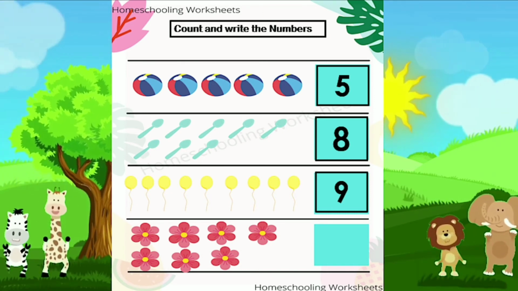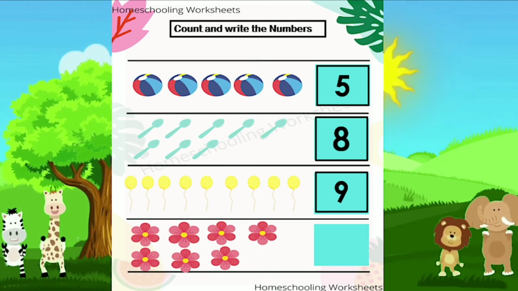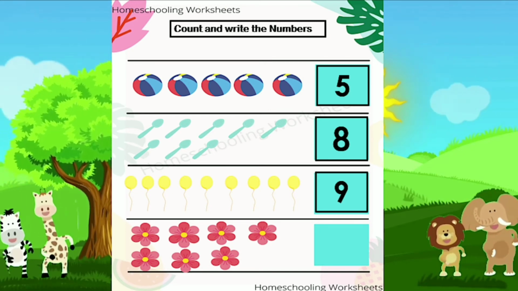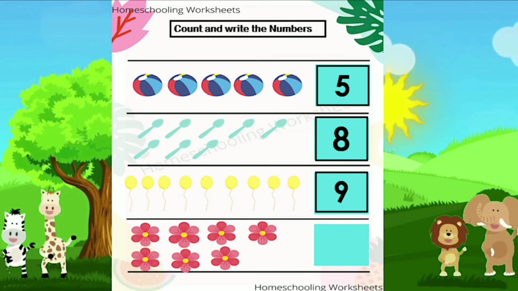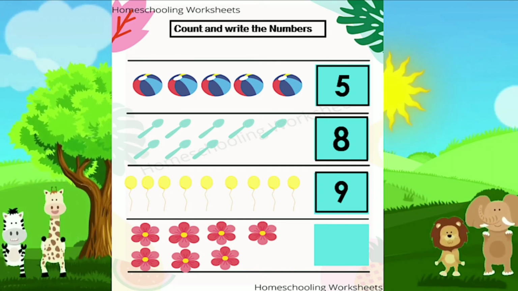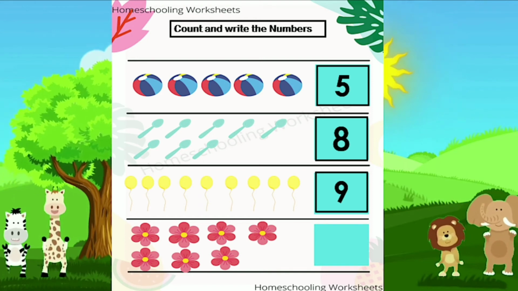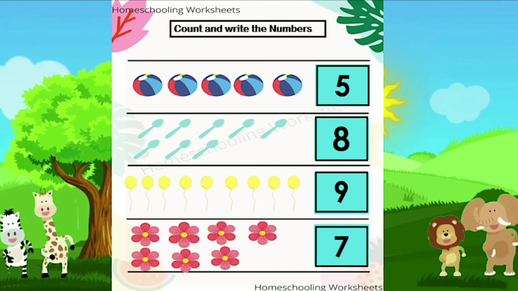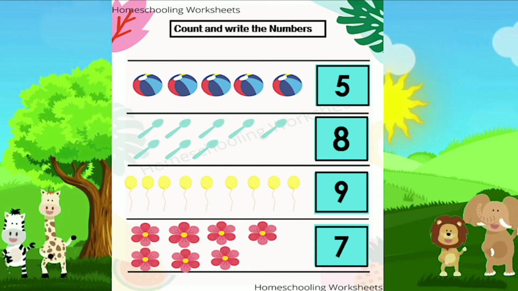Now let's count how many flowers are there. Let's start. 1, 2, 3, 4, 5, 6, 7. 7 flowers are there.